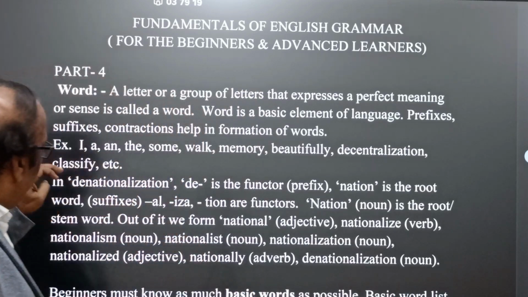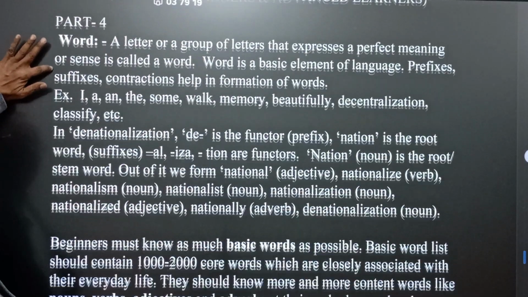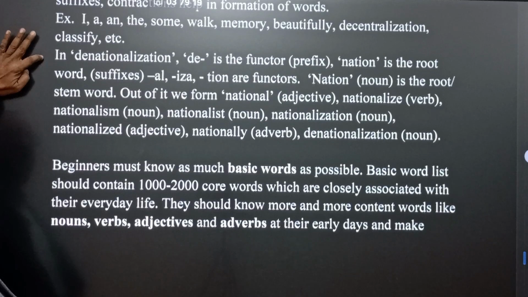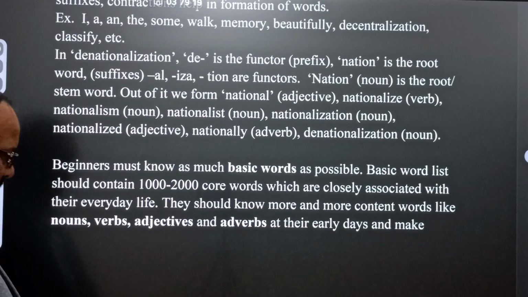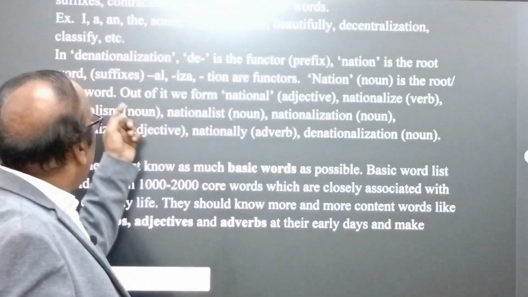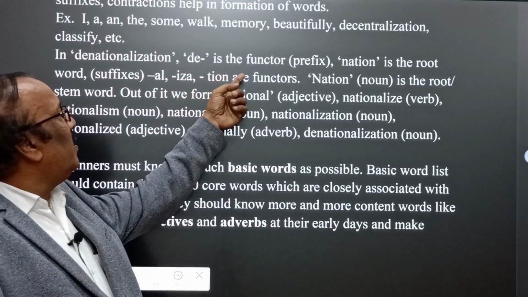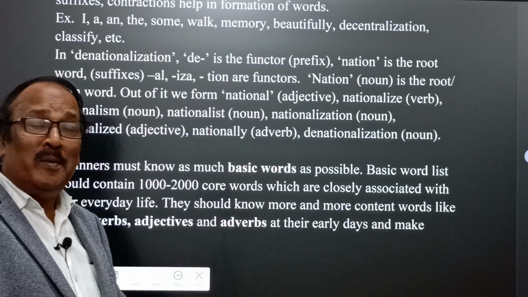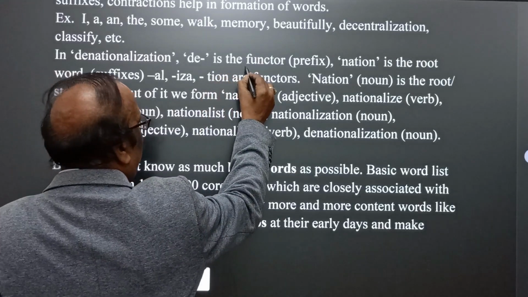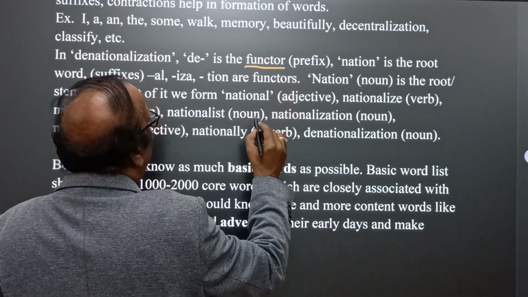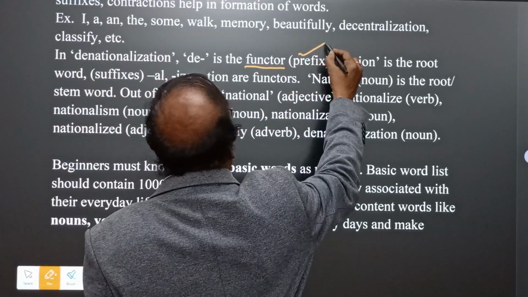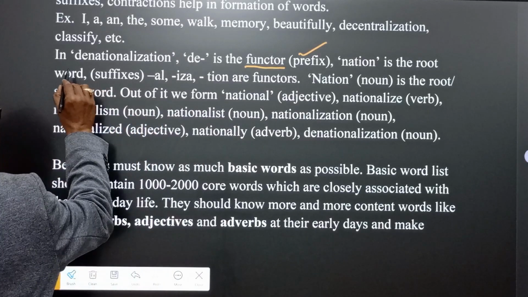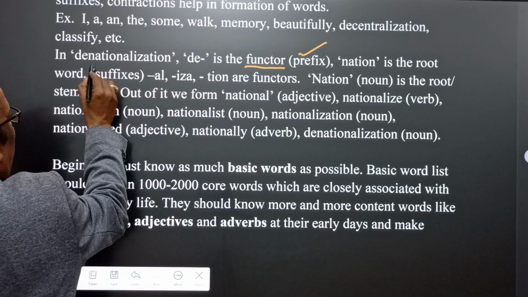Now comes another idea. For example, here we find denationalization, in which D is the functor. Remember, D is the functor, that is, a prefix.